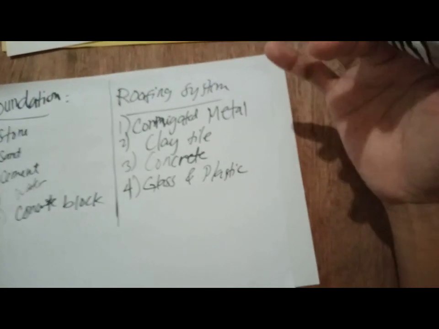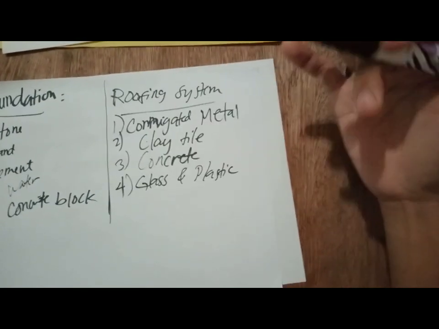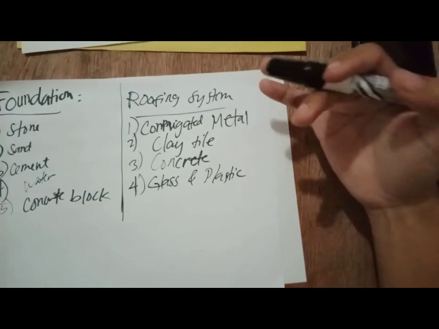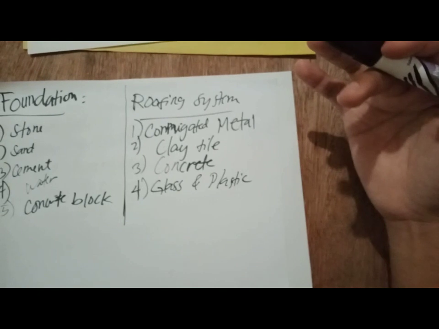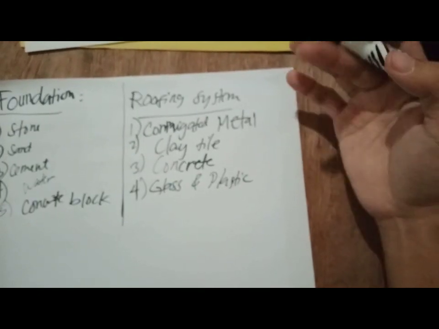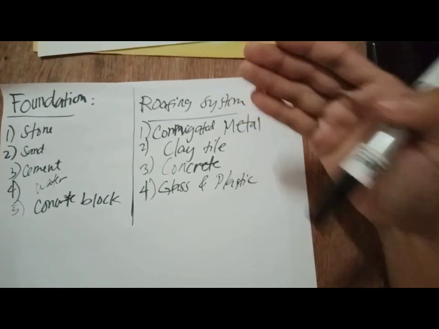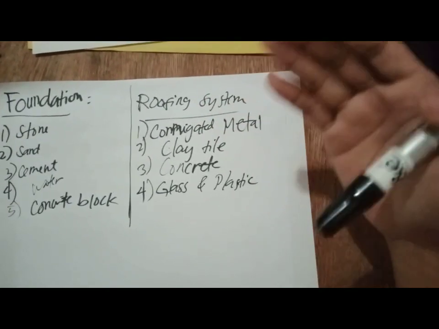So concrete, when you construct it, is constructed monolithically with the other structural members of your building. So this type of material will be more durable against the wind load. So that is the main advantage.